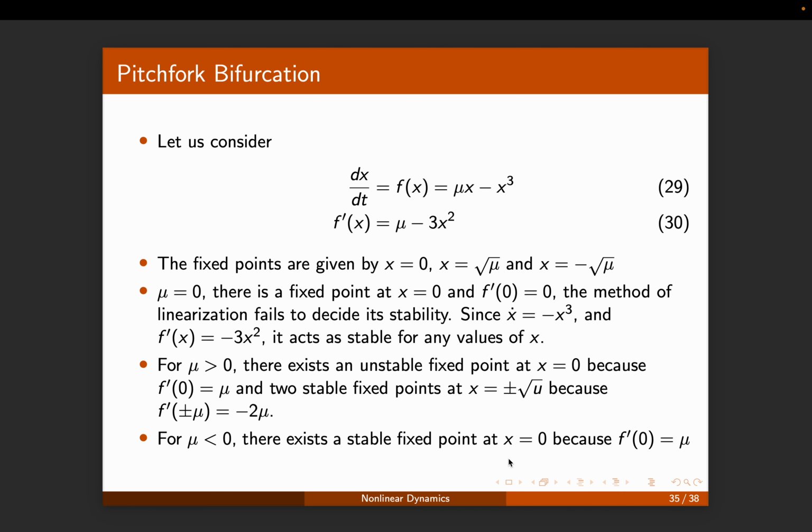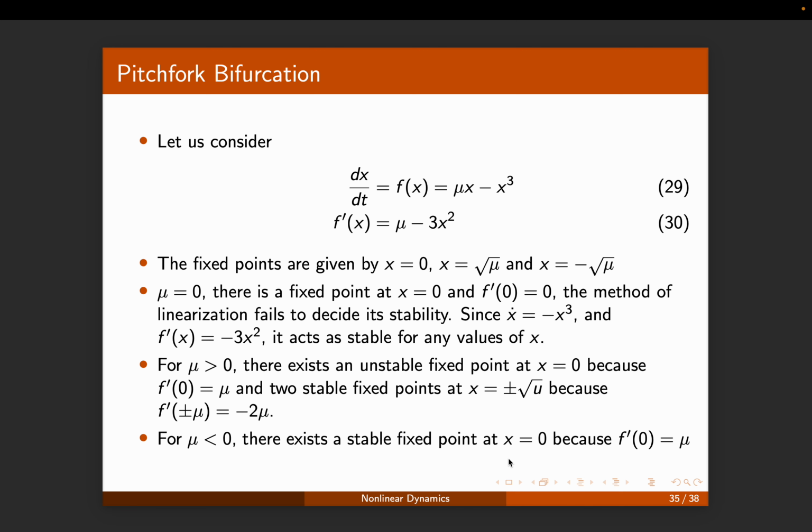But from the dynamical equation, x dot equal to minus x cube and f prime of x equal to minus 3x square. For all the values of x, f prime is negative. So we call x equal to 0 a stable fixed point. For mu greater than 0, there exists an unstable fixed point at 0 because f prime is mu and it is greater than 0.